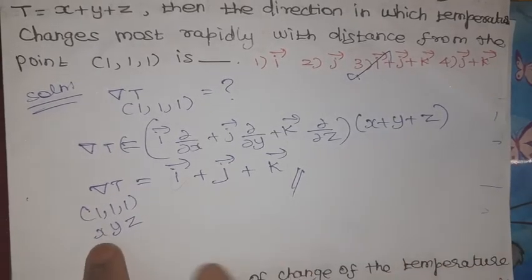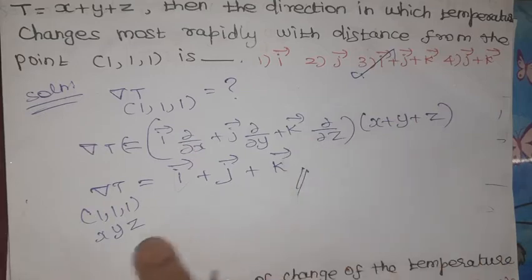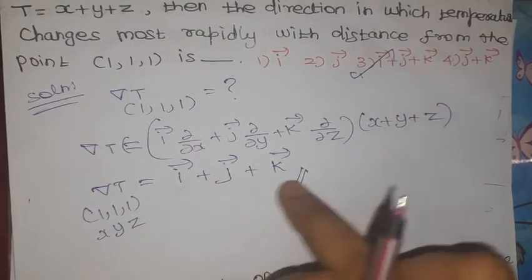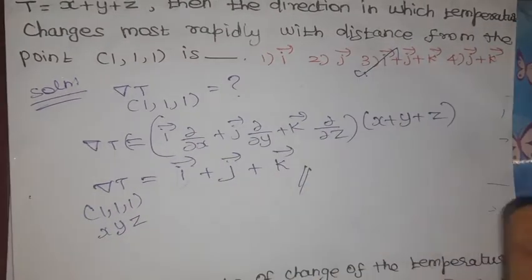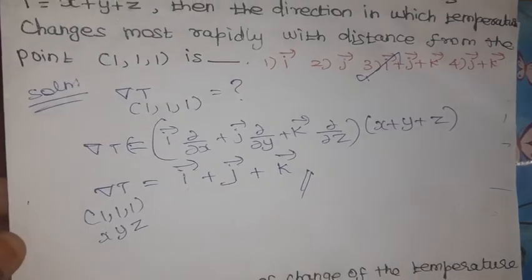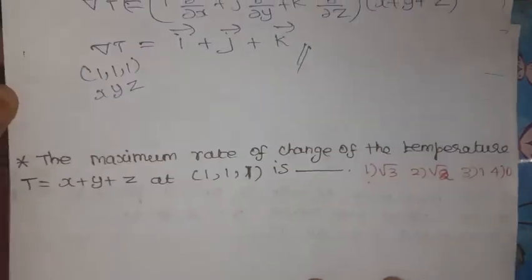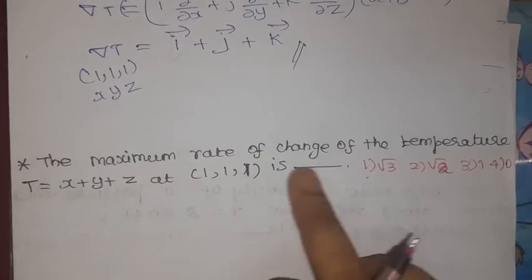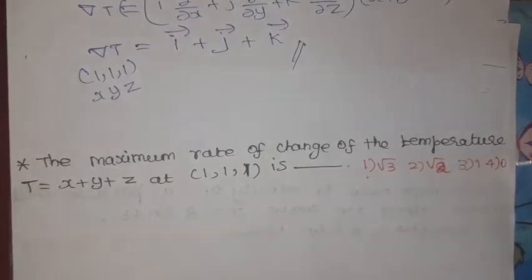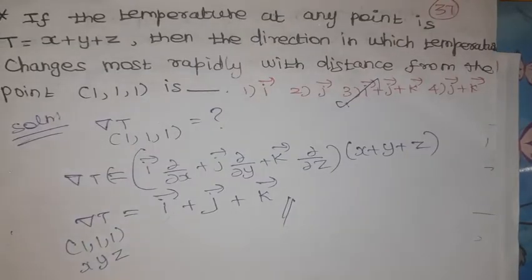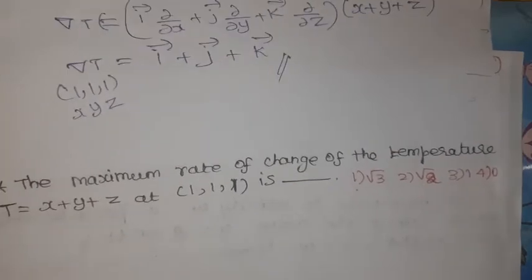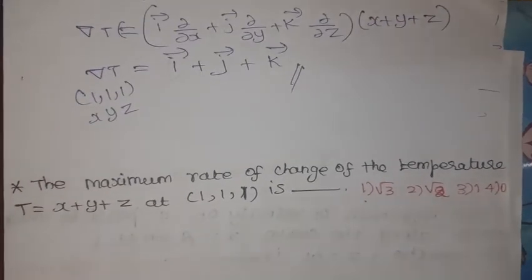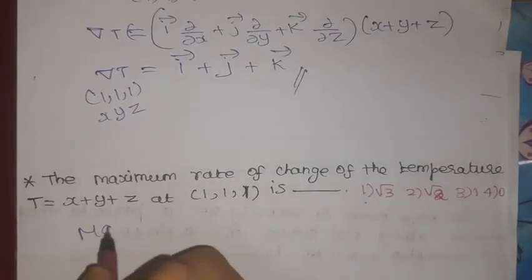So we should be very careful: there is no x, y, z, so no need to substitute any value here. So simply i plus j plus k. Then the maximum rate of change of temperature T at this point. The same value is given. What is the difference? Maximum rate of change of increase is nothing but maximum rate of change. How can we find it out?